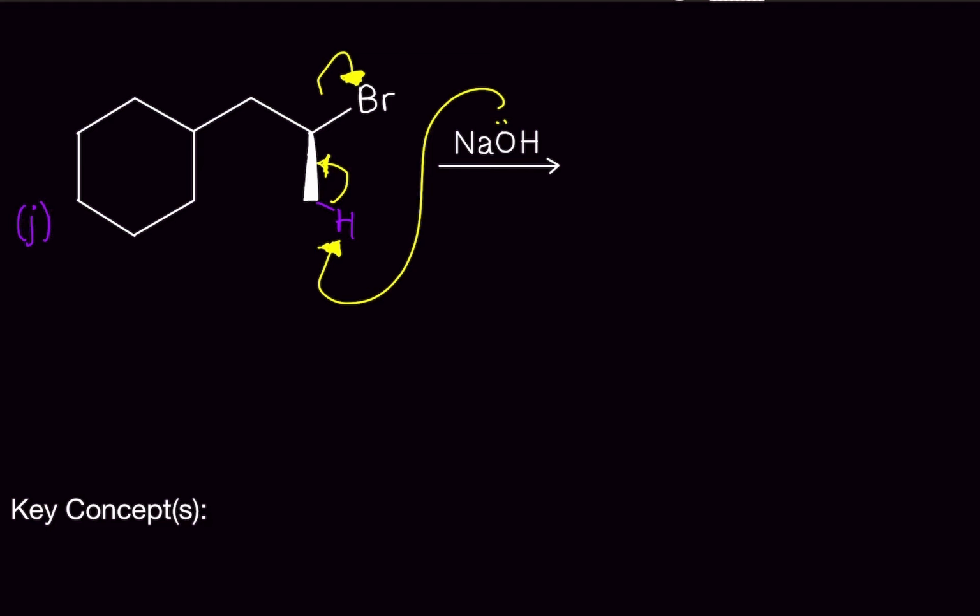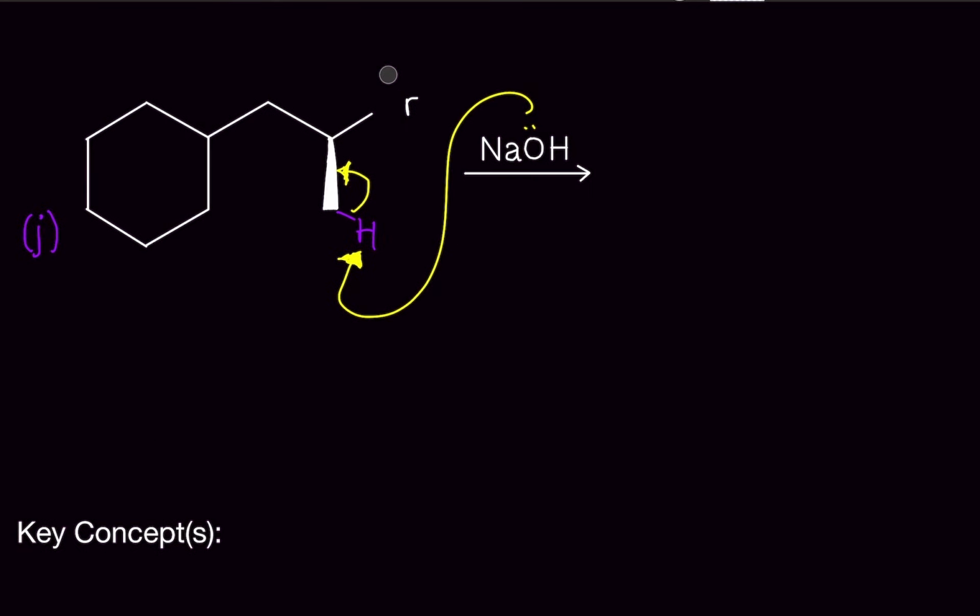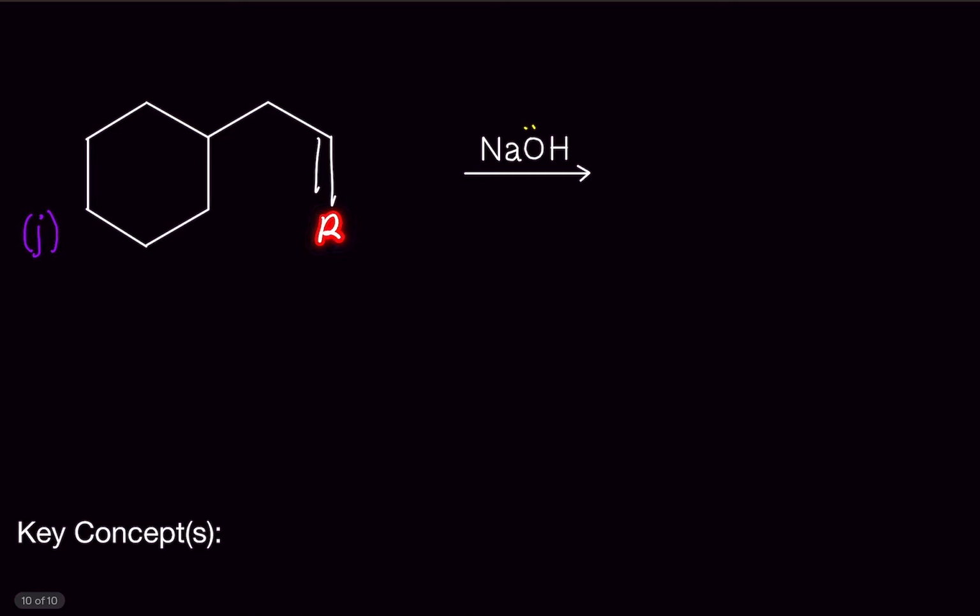So in the other version of this, to draw it properly, erase all this, right? And what the answer would look like is this. Okay? Because we formed the double bond between this beta carbon and this alpha carbon. Alpha, and then the double bond's right here, right? And the halogen goes away. Okay.